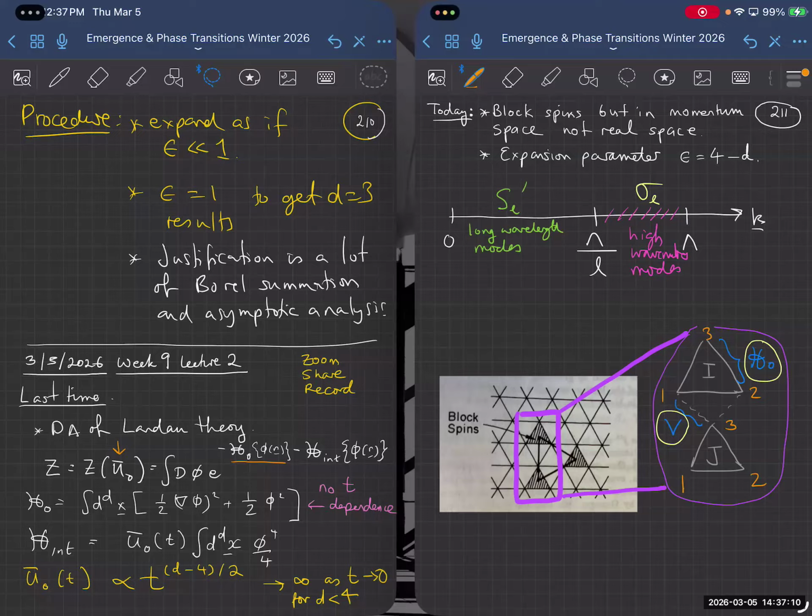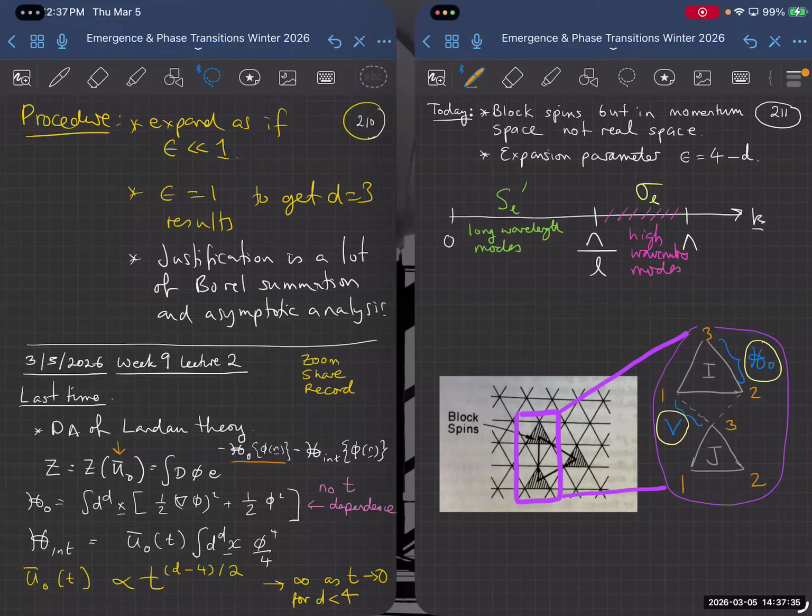So when we have a block of size L, remember L is the factor that the block size is bigger than the lattice spacing. What that means is we're imagining a system with a lattice or some cutoff at high momentum, which I've called lambda in the top picture here.